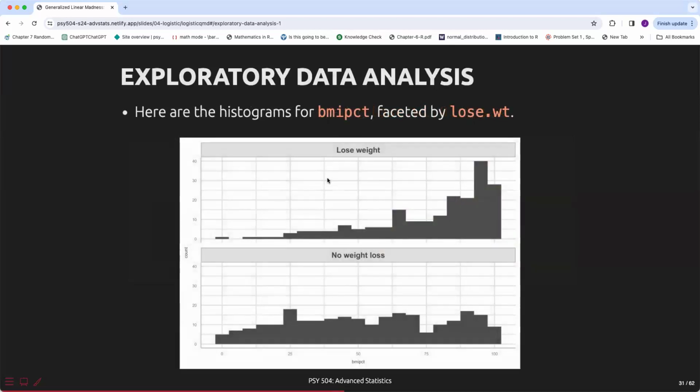We can also look at the relationship between BMI and whether individuals want to lose weight or not. So what can we see from these histograms? An increase of BMI is closer to obesity and being in the higher danger range.